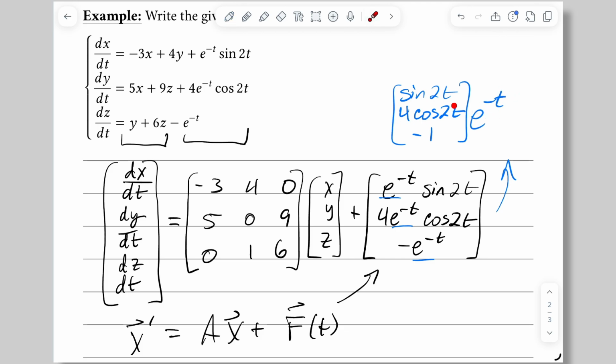This is scalar multiplication. I know e to the negative t is a function, but it evaluates to a real number. We would call that scalar multiplication to differentiate it from matrix multiplication here. If you need to refresh on matrix multiplication, then I encourage you to do that. Look it up. It's out there. Check out a pre-calculus or college algebra book, something along those lines.